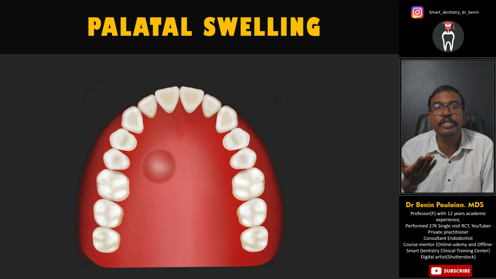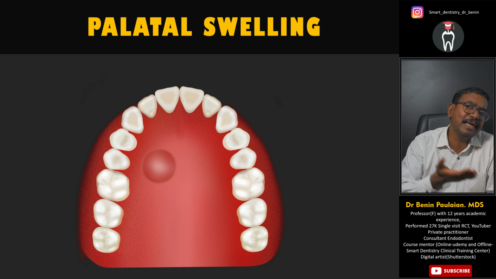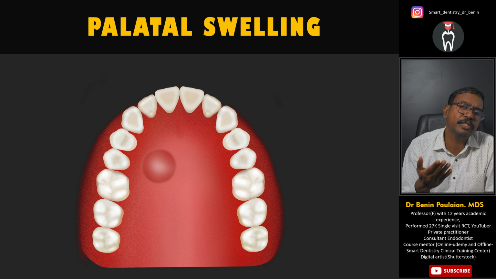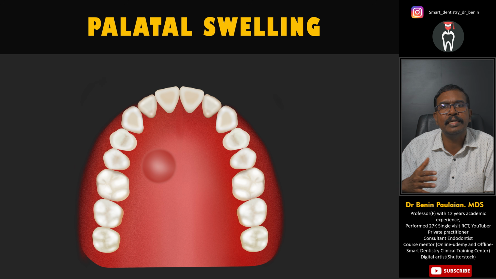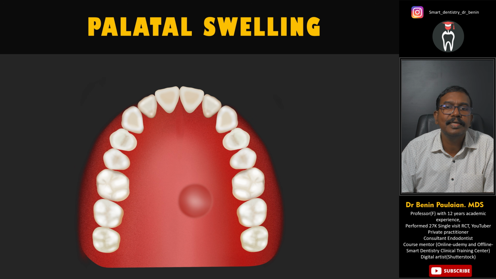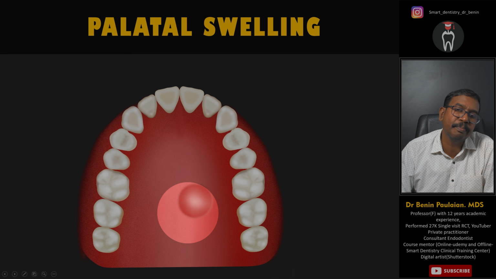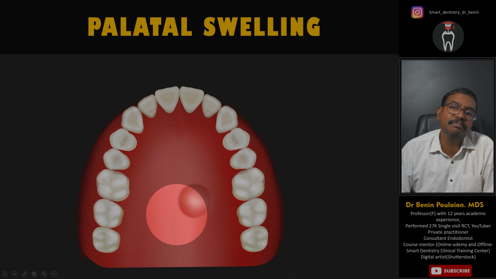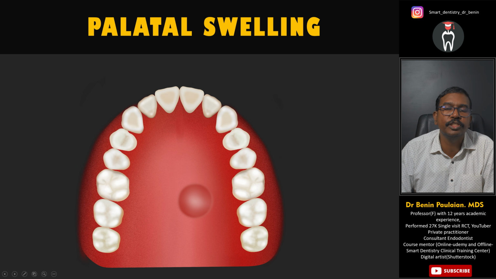From the maxillary first premolar, the palatal root can also cause a palatal swelling, but before that, more often there will be a labial or buccal swelling. Next, if there is a swelling close to the middle of the palate, where the hard palate and the soft palate join together, most probably it is from a maxillary first molar.